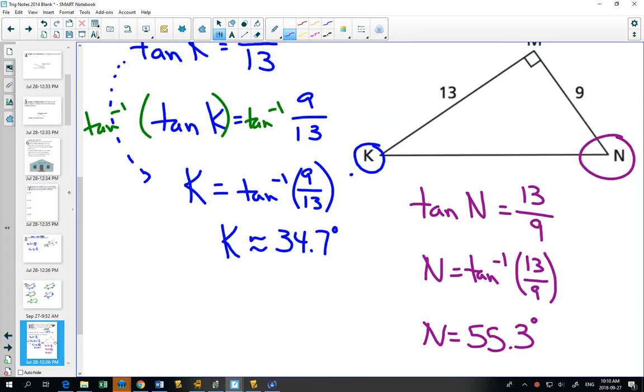Yes, Bridget. Because you know it's a 90-degree angle. Right, we know this is 90. 90 and the angle of 34.7, and then subtract that from 180, and then what you get.